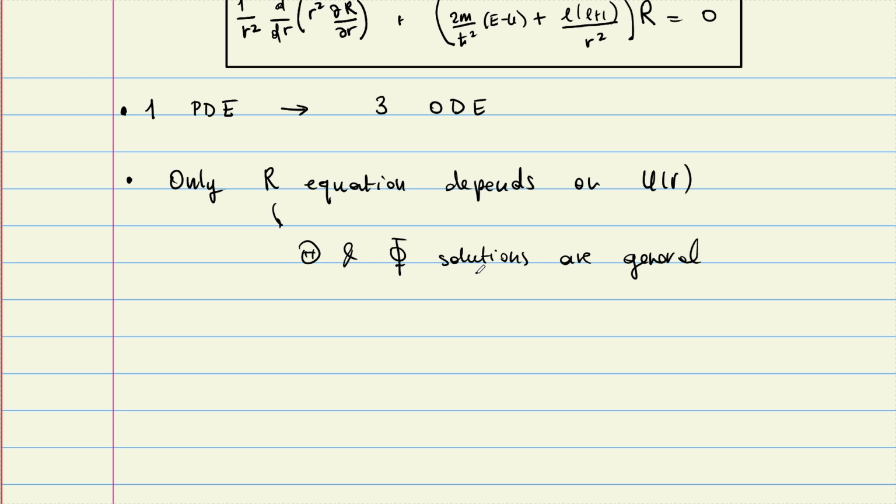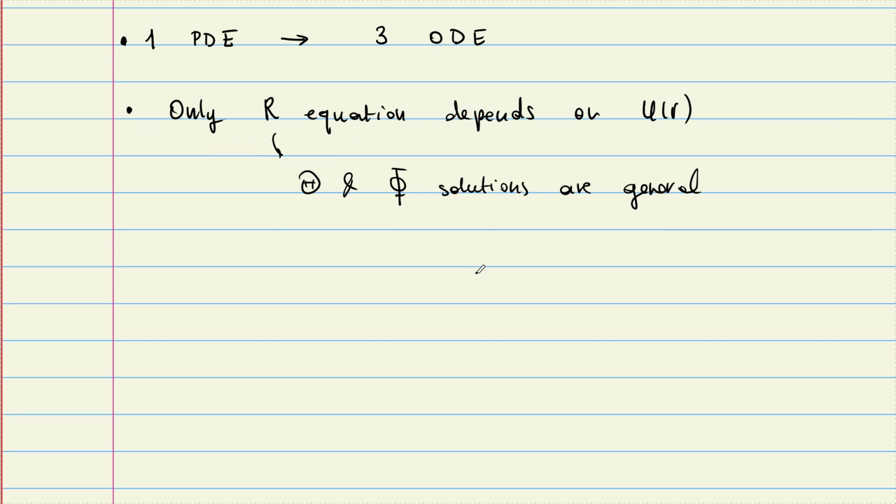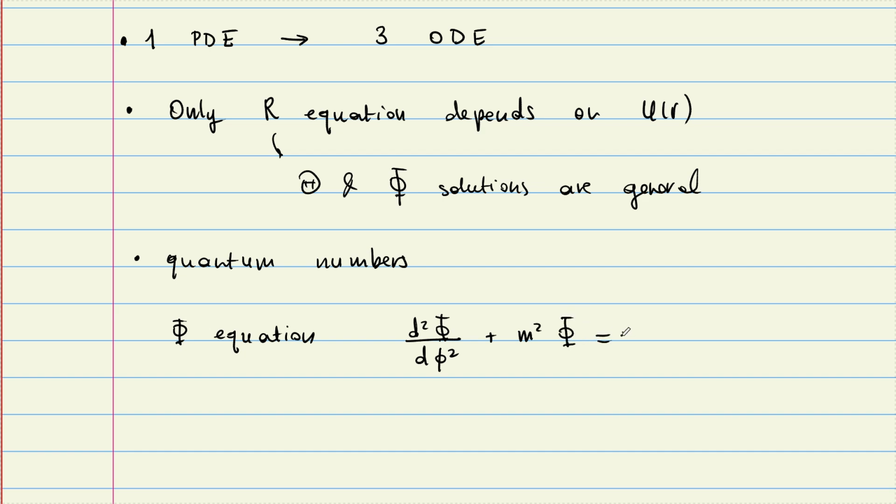Now let's consider the theta equation. Now we can start thinking about quantum numbers. The simplest is the phi equation: d squared phi over d phi squared plus m squared phi is equal to 0.